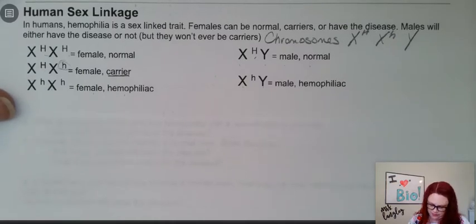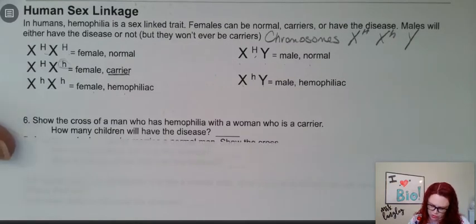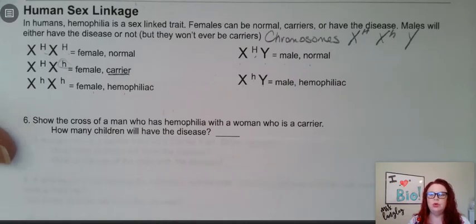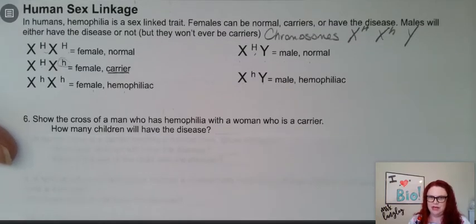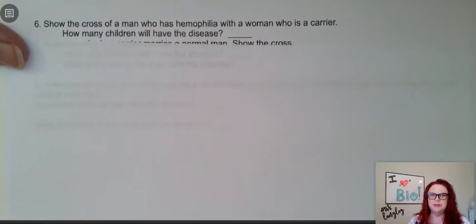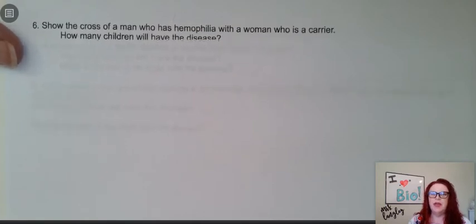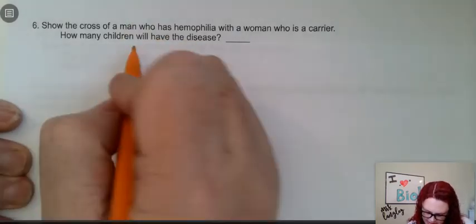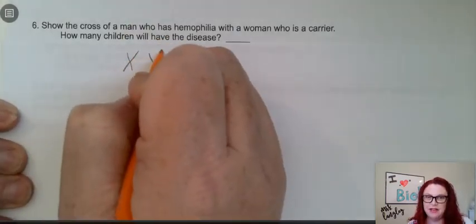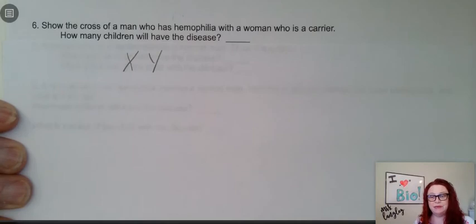So now that we have this information, our first question says, show a cross of a man who has hemophilia with a woman who is a carrier. Okay, I'm going to slide this up so we have a little more space here. A man who has hemophilia, so man, that means X, Y, who has hemophilia.